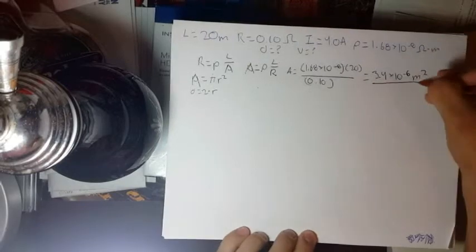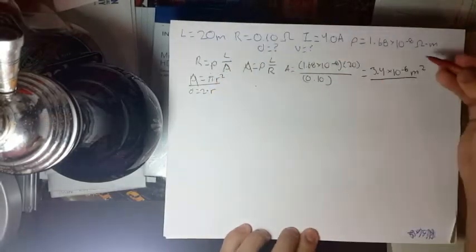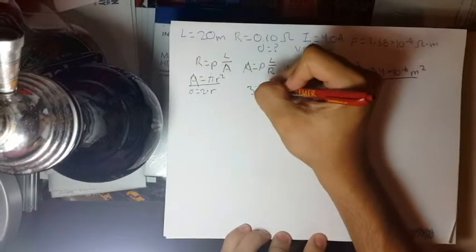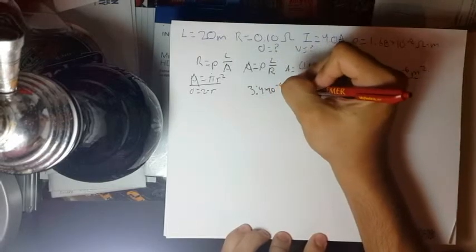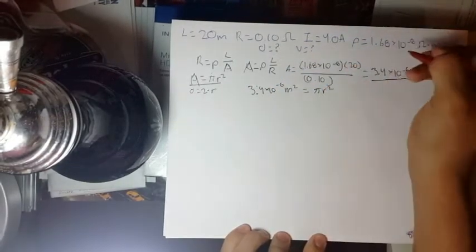So this is the cross-sectional area, and now we have to plug this into this equation right here to find the radius. So this area, 3.4 times 10 to a negative 6 meters squared, is going to be equal to pi r squared.